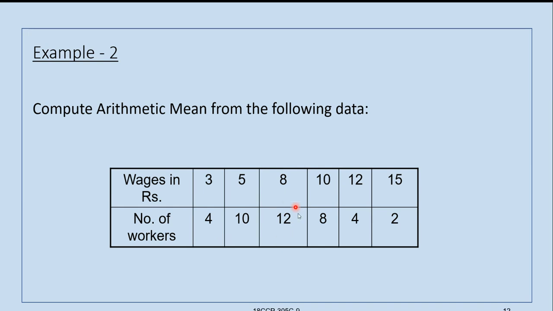That is the highest one. So the number of workers is higher under wages 8. So the answer lies between these two. We'll see what the solution is.